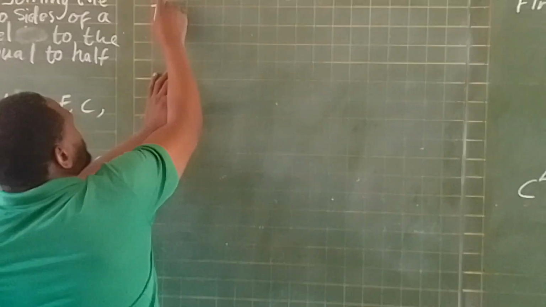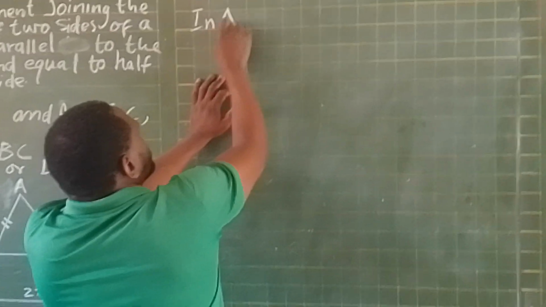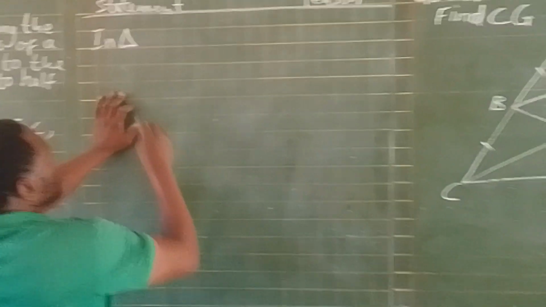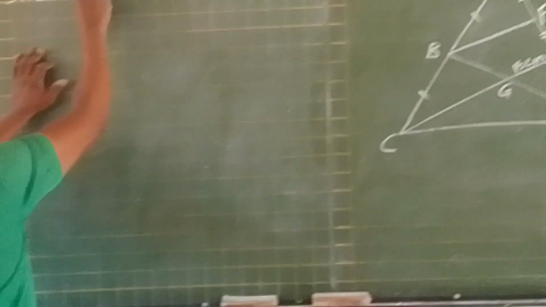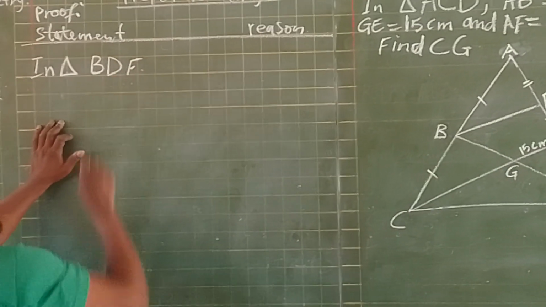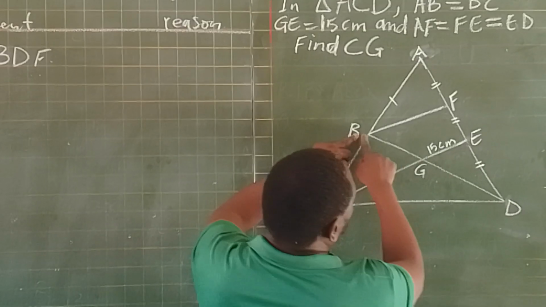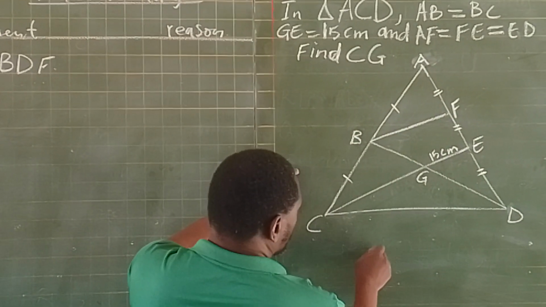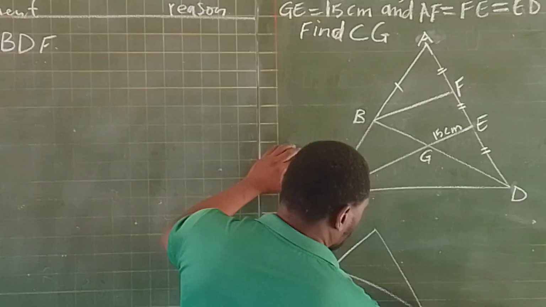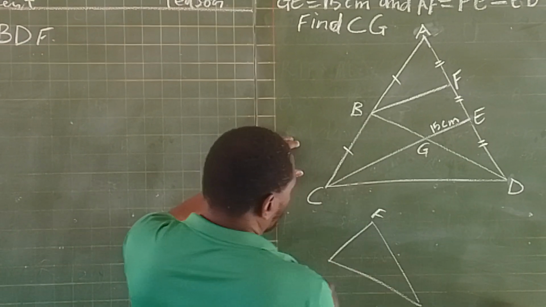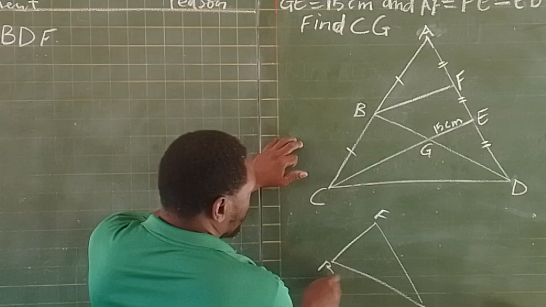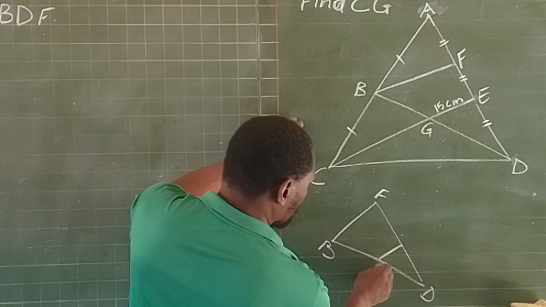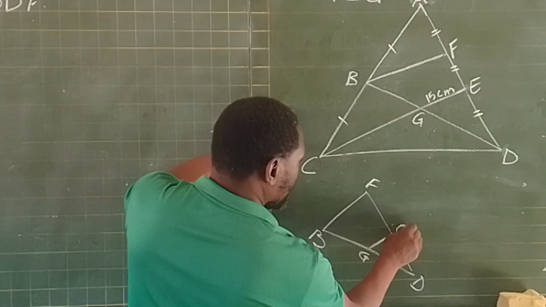We are going to consider triangle BDF. We are in this triangle BDF. This triangle, it's like this: F, B, D. We have GE.